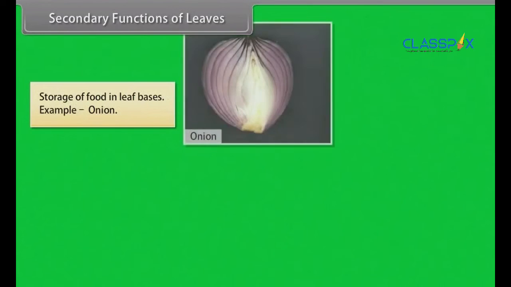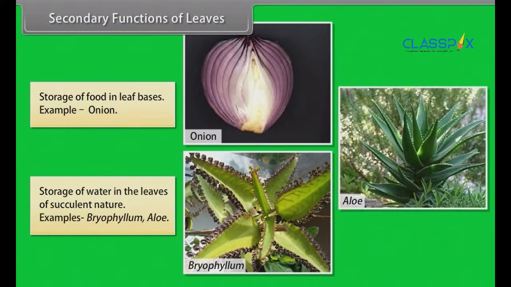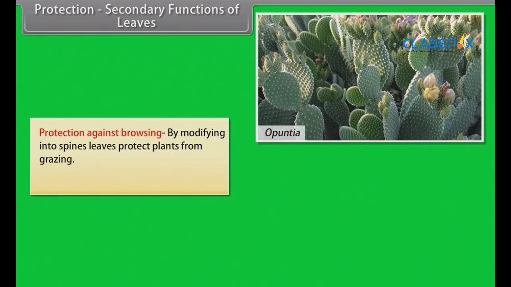Secondary functions of leaves. The storage of food in leaf bases. Example, onion. The storage of water in the leaves of succulent nature. Example, Bryophyllum, aloe. Protection. Protection against browsing.